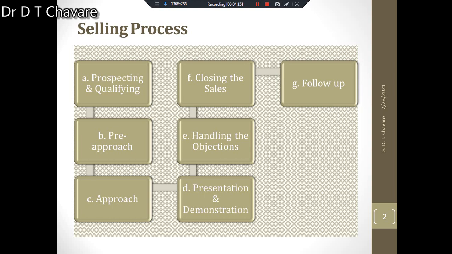The expansion of this abbreviation gives us the full form of the formula as attention, interest, desire, action, satisfaction. It means that A stands for attention, I stands for interest, D stands for desire, A stands for action, and S stands for satisfaction.